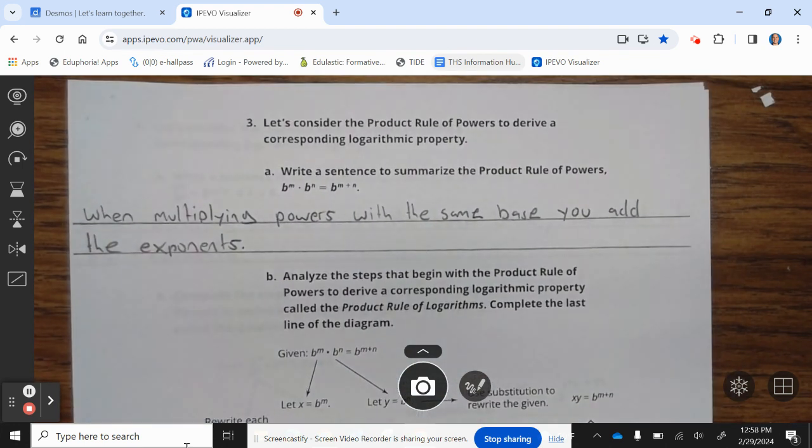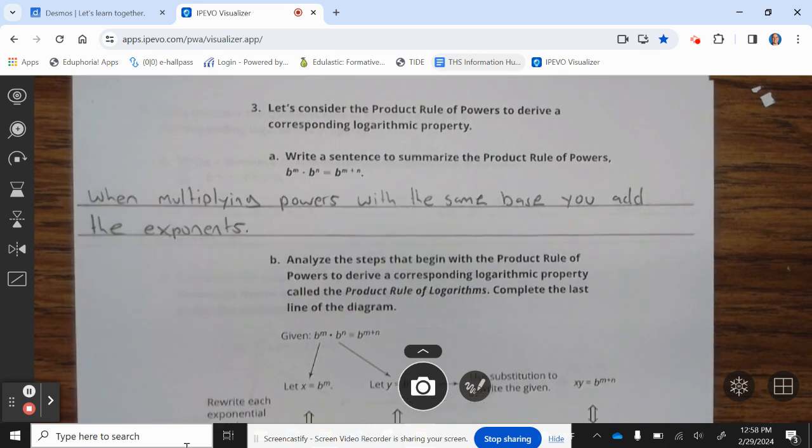3. Let's consider the product rule of powers to derive a corresponding logarithmic property. A. Write a sentence to summarize the product rule of powers. b to the m times b to the n equals b to the m plus n. When multiplying powers with the same base, you add the exponents.